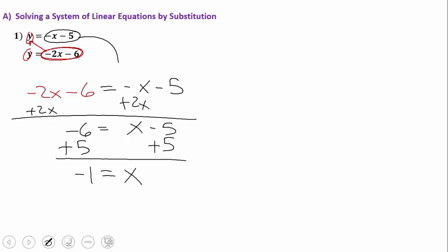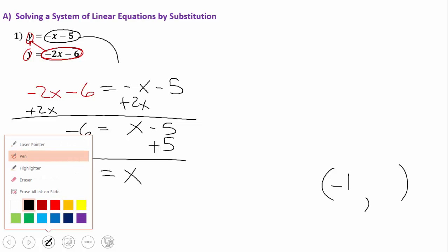So now we know that the solution to a system of linear equations is an ordered pair. So I can come over here with my ordered pair answer, and I know that x is now negative 1. The third step says, now take that answer, substitute it into one of the original equations.